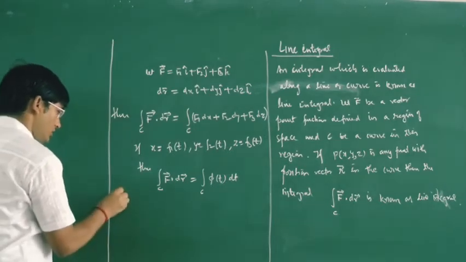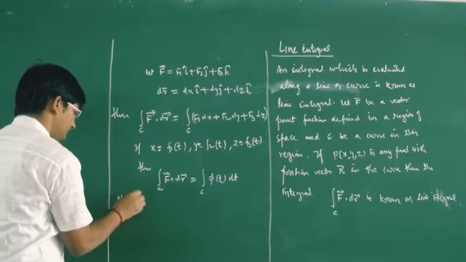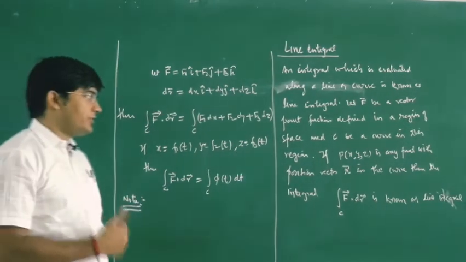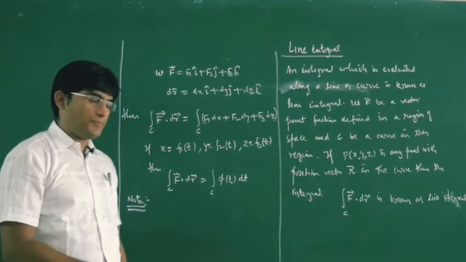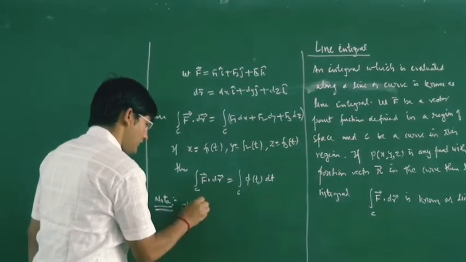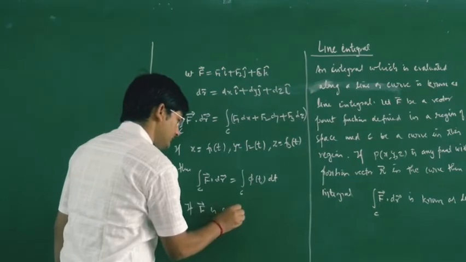Okay, note. Now suppose that your vector field f is conservative.